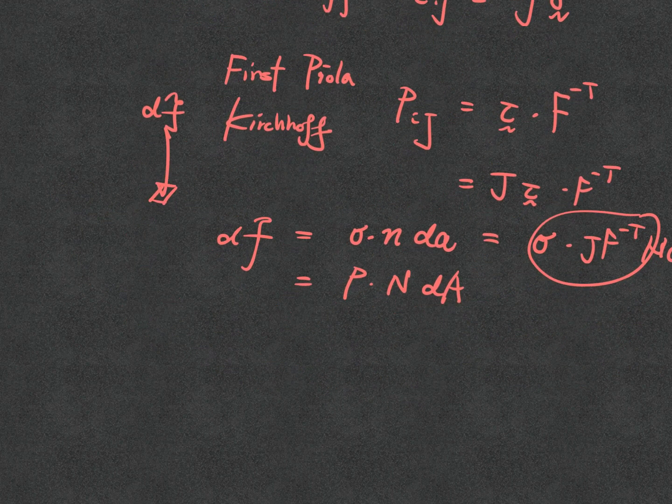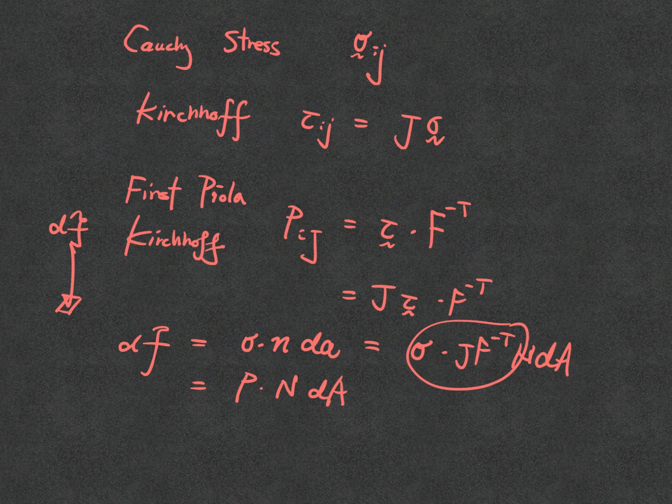So as you can see here, sigma is symmetric. So sigma ij equals sigma ji, and tau ij equals tau ji, meaning that they're symmetric.